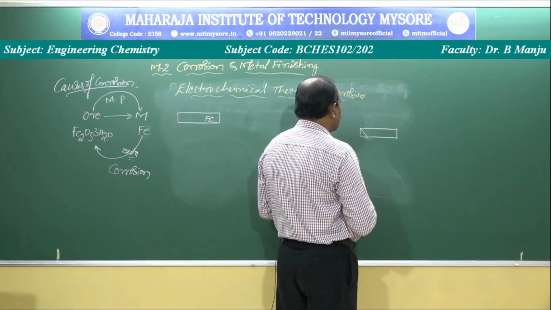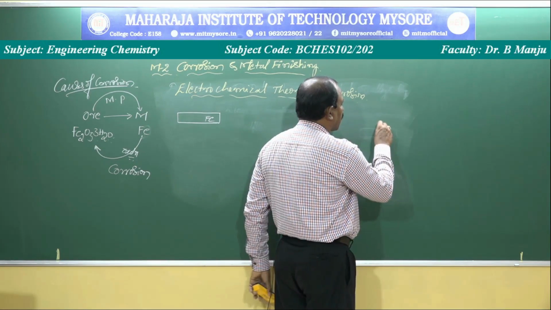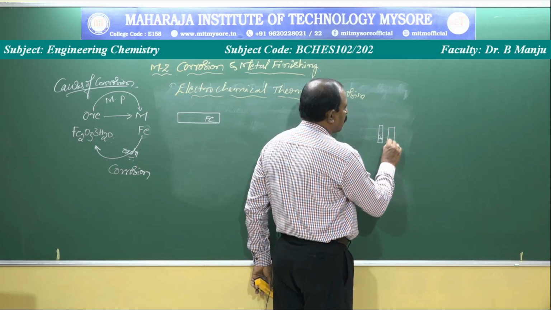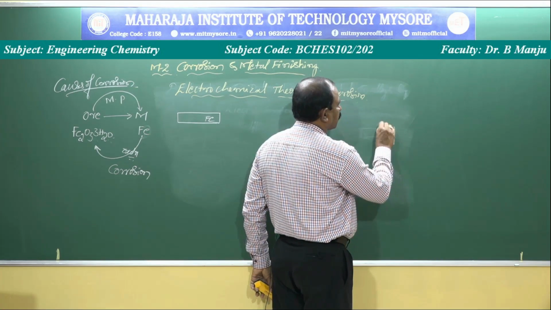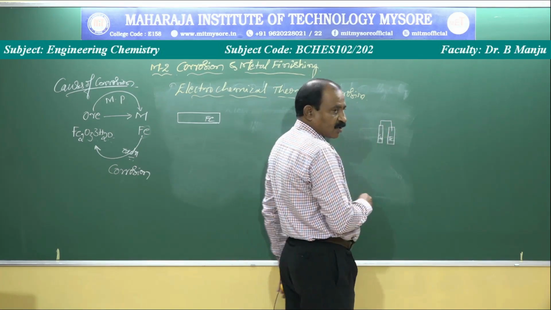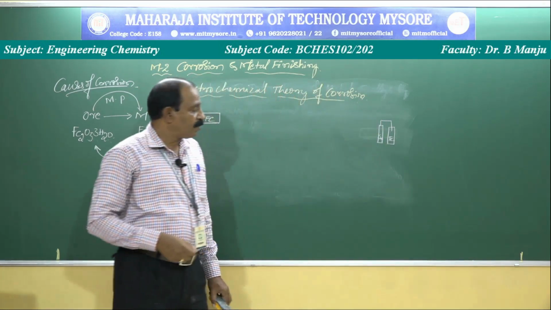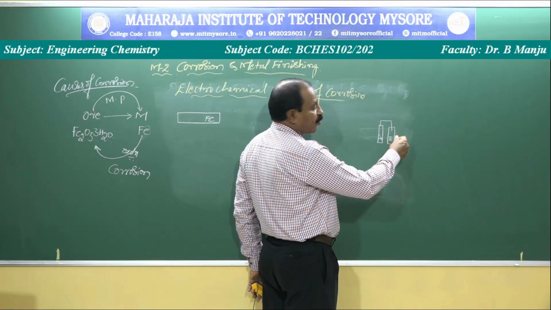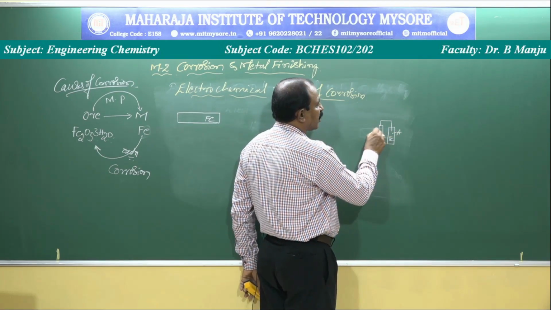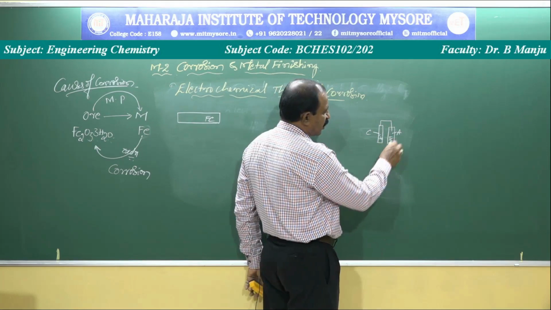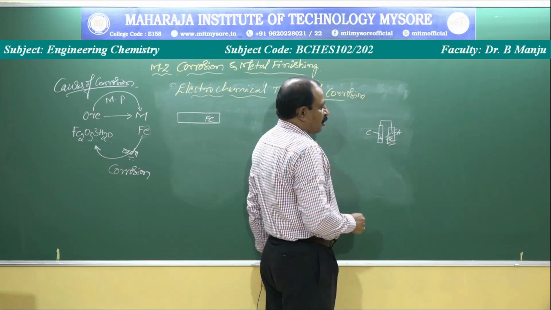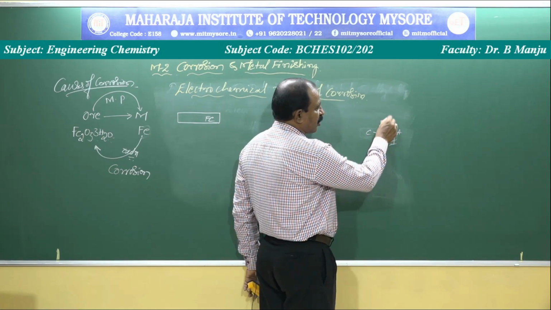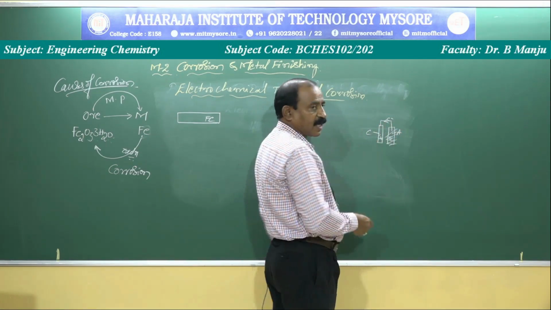For two different metals, suppose one is copper and one is iron, one of the metals undergoes corrosion depending on the electrochemical series, on the basis of electrode potential. The metal with the higher negative potential acts as anode and the other metal acts as cathode. The anode undergoes oxidation and corrodes, while the cathode is free from corrosion. Electrons transfer from anode to cathode.